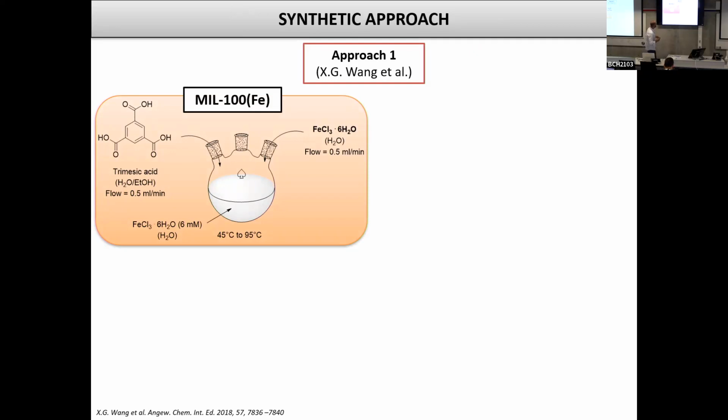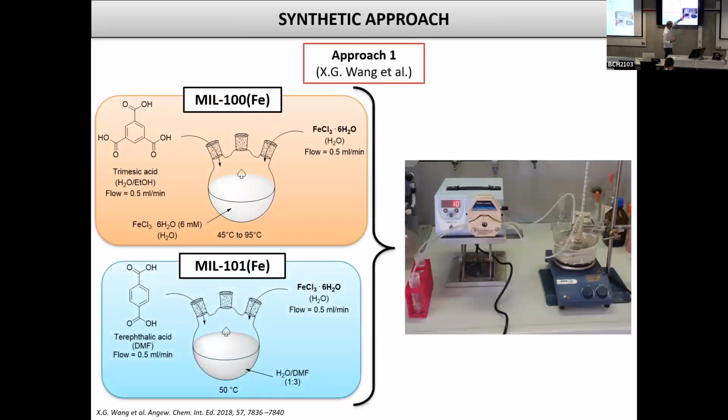So for the first approach, we used this kind of system. We created two different solutions of the organic linker and the inorganic joint. And through a peristaltic pump, we added these solutions inside the reactor to always obtain a condition of supersaturation, leading to a fast nucleation without growth of the crystal. We performed this kind of synthesis for MIL100 and MIL101.